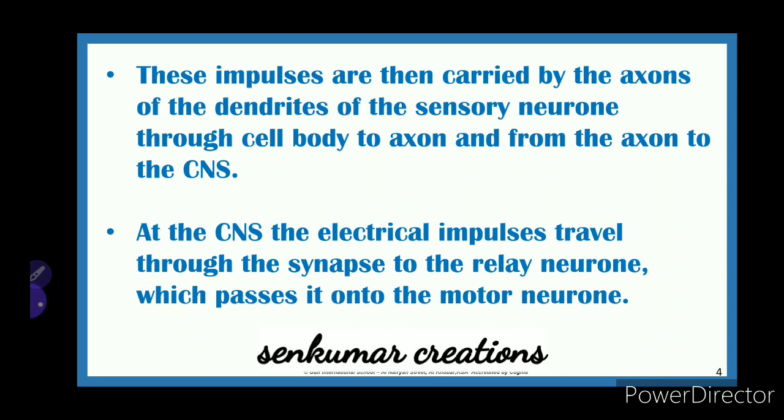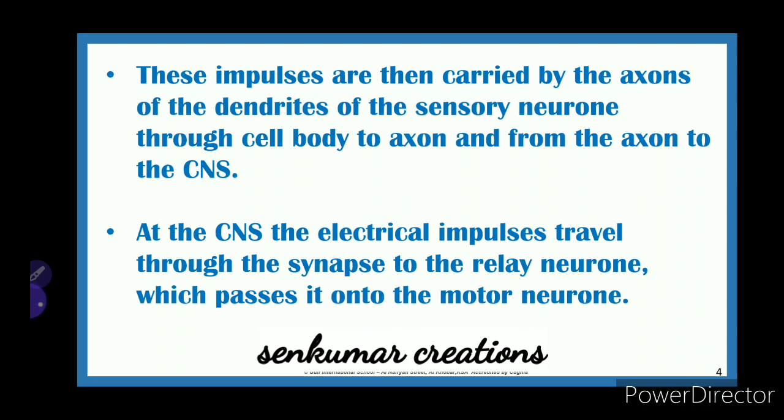The motor neuron transmits impulses from the central nervous system, either brain or spinal cord, to the effectors. Effectors include two parts, I told you: muscles and glands. And the relay neuron transmits the impulse from the sensory neuron to the motor neuron.